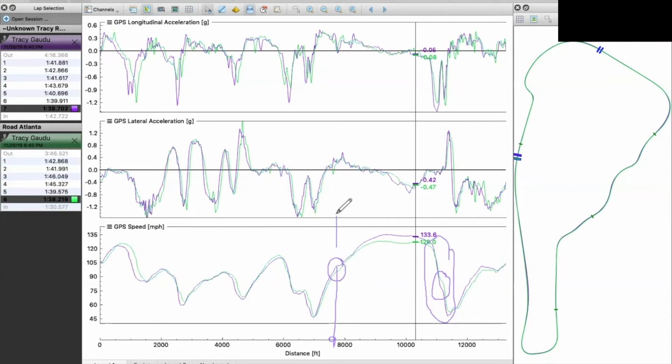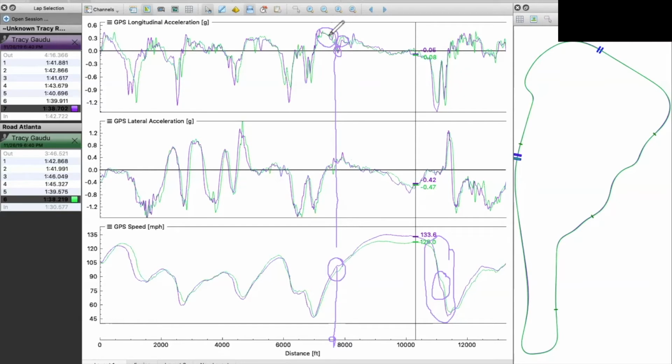And how do I know that? I'm going to go all the way up here, and I'm going to see that there's positive G's, and all of a sudden it goes down to about no acceleration, and then it goes back up. Doesn't that make sense? That's what happens when you do a shift.